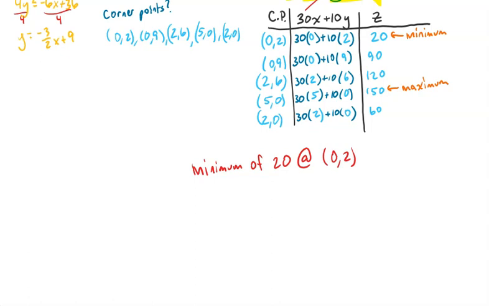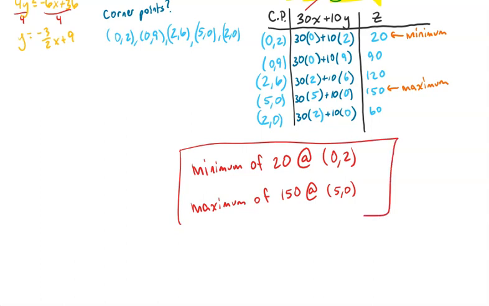We want both the minimum and the corner point that got us there. Same thing for the maximum. So we would say that we have a maximum of 150 at the point (5, 0). And then we're done with this problem.